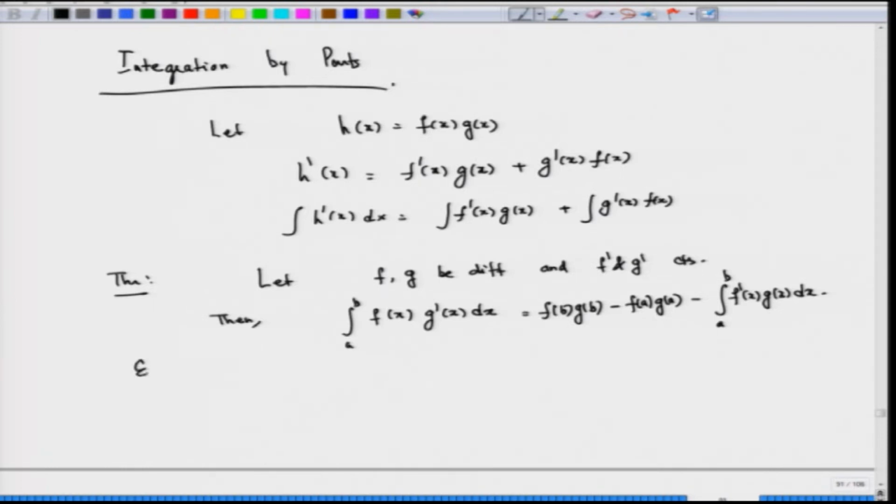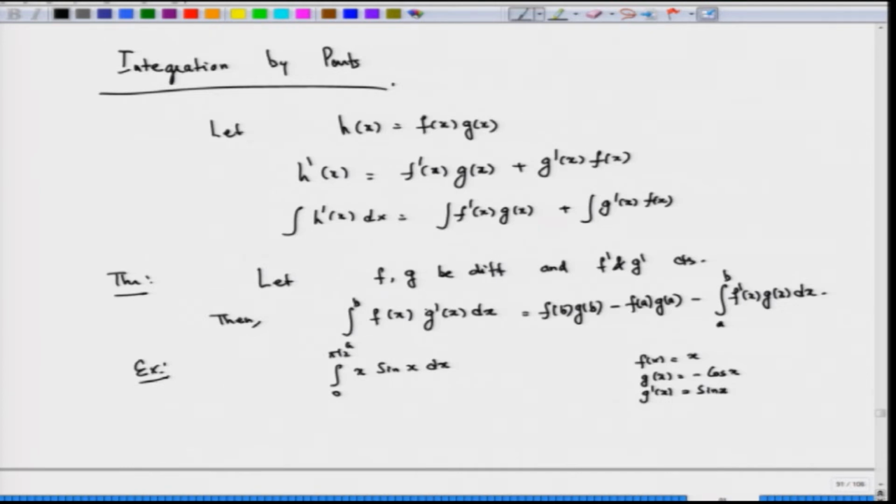Okay, so, some example. Now, the integral from 0 to pi by 2 of x sin x dx. So, here you can take your f of x equal to x, and g of x you can take to be minus cos x. Therefore, g prime of x is equal to sin x.